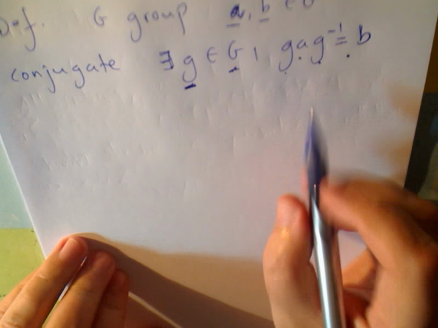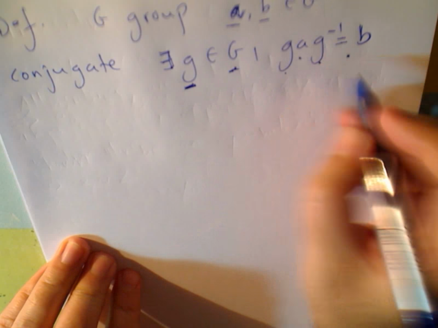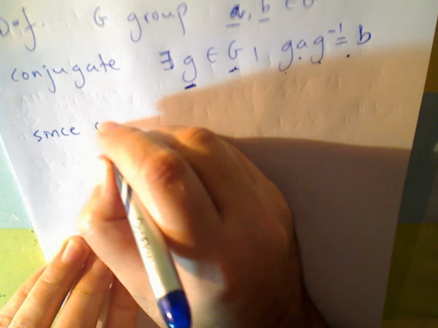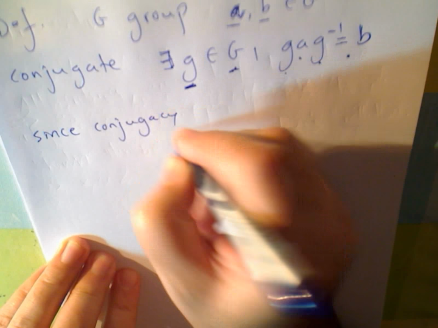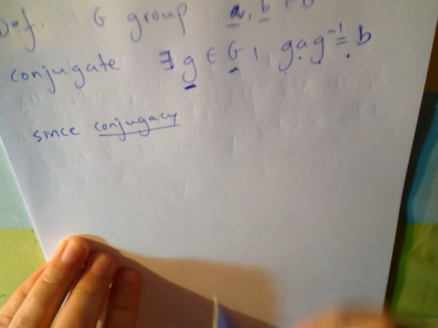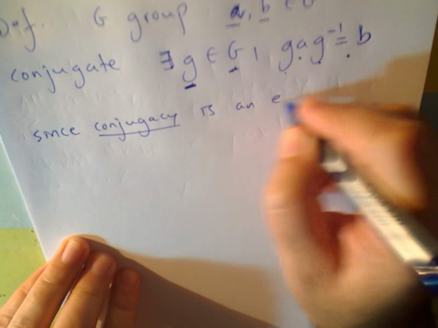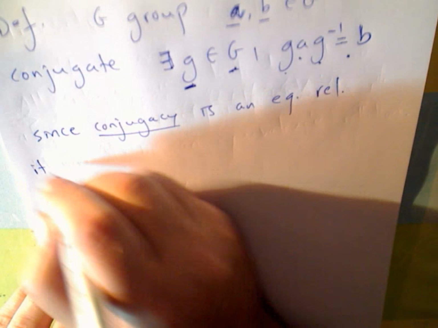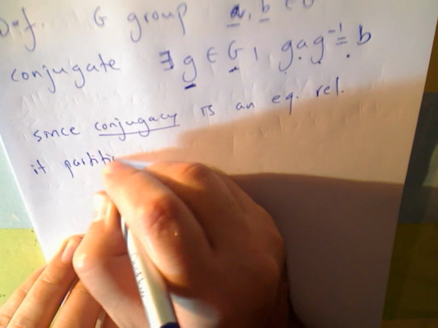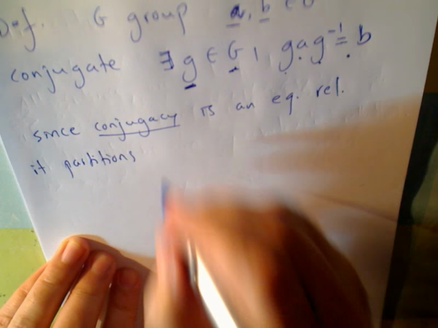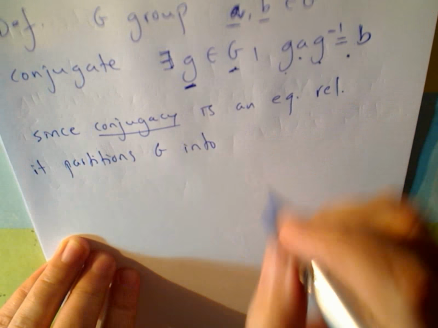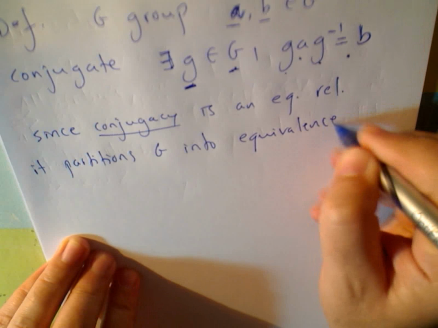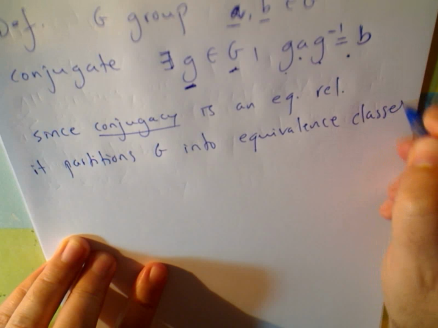Very common also this notation. So since conjugacy is an equivalence relation, it partitions G into equivalence classes.